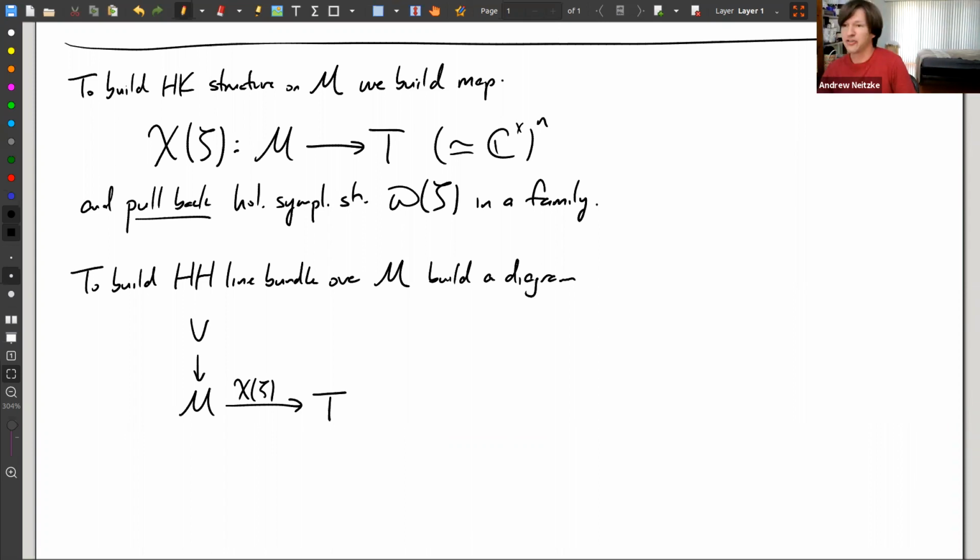So remember, in this construction, we first think of M as just being a C infinity space, which gets all its structure through the map. So we'll start with a C infinity line bundle over M. And then over the torus, we'll also have some kind of standard simple holomorphic line bundle, which I'll call script D B. And then we'll lift our maps of tori to maps of tori with line bundles.